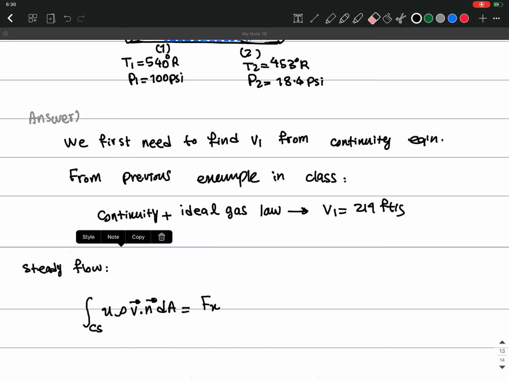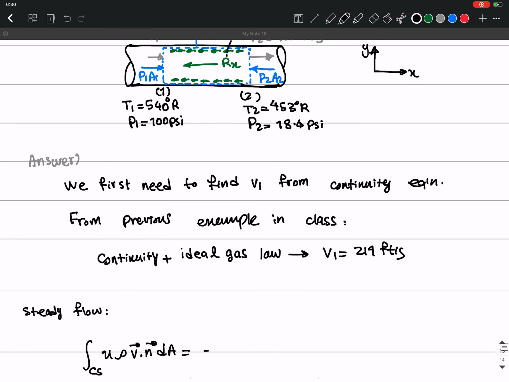So we have a steady flow, so I can write this down. And so now we have the sum of the forces in the x direction, which are going to be what? First minus Rx, which is the resultant frictional force, plus P1A1, which is in the positive direction, minus P2A2, which is in the negative direction of x, right?